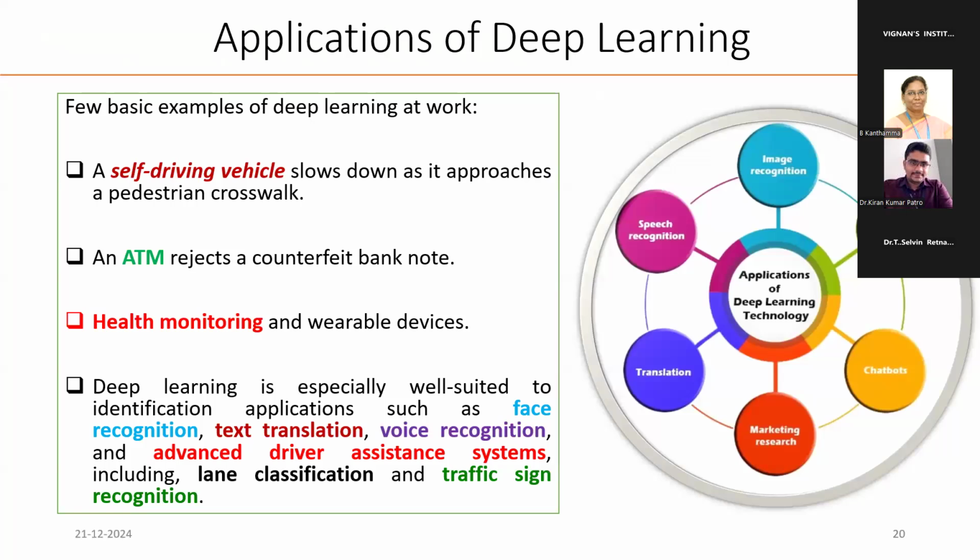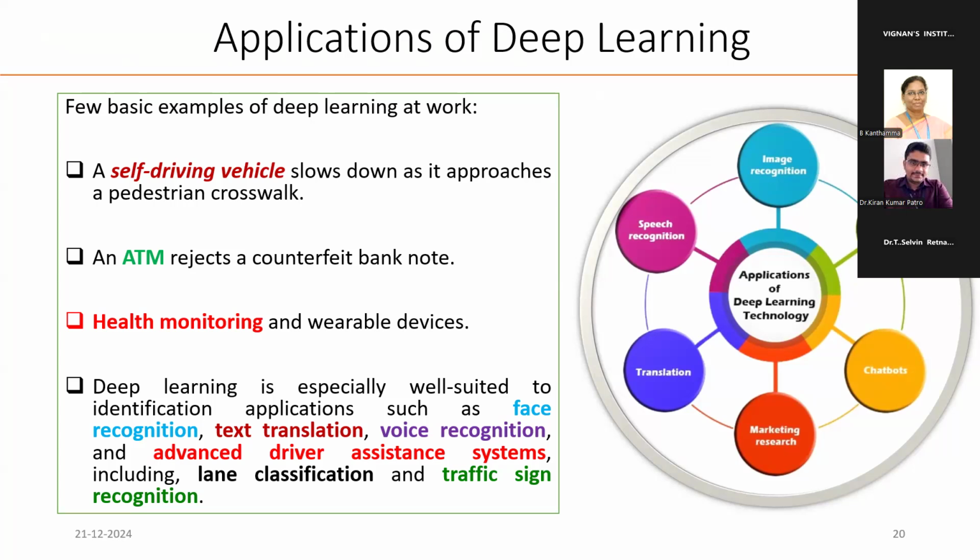So what are the applications of deep learning? I have given some basic examples. Nowadays Tesla cars, self-driving vehicles. This project is already implemented in the US and UK, self-driving cars, and that is based on deep learning. One more application is the ATM, which rejects a counterfeit banknote.